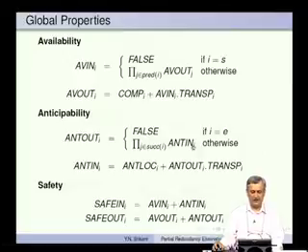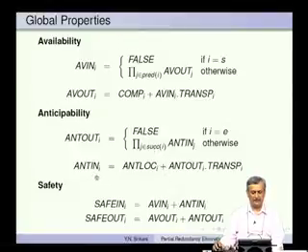So, why are we taking the AND operation of the ANTIN values of the successors? There may be many successors like that, and all these successors must have anticipability true, otherwise anticipability will not be true at the output point of I. Along all paths there must be anticipability, that is why you want the AND operation.